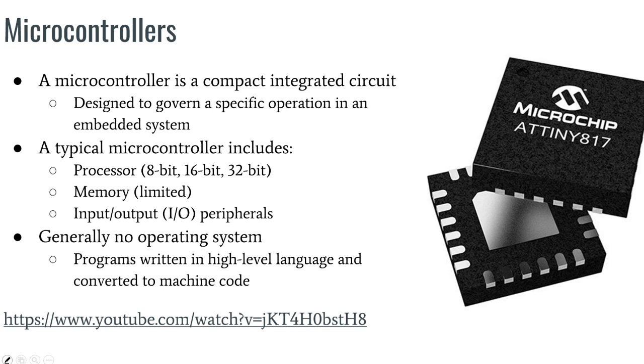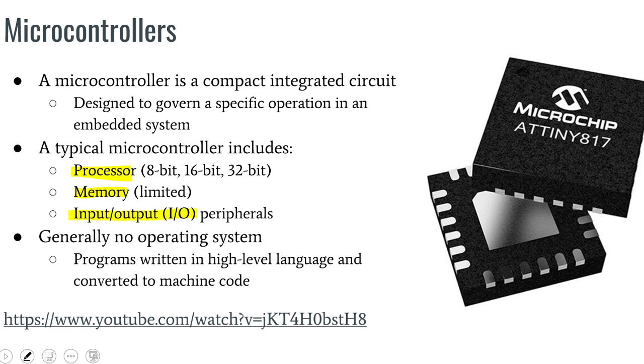And the main differentiation that we would see with microcontrollers and general microprocessors is that a microcontroller is going to include the processor, the microprocessor, and in addition to that, it may also have some memory and also some input-output capabilities.